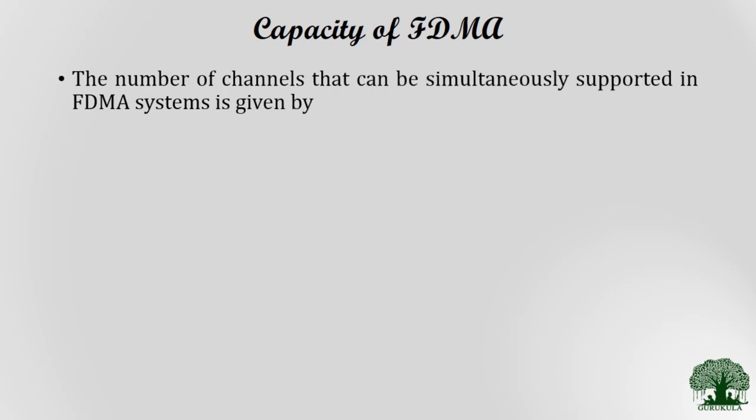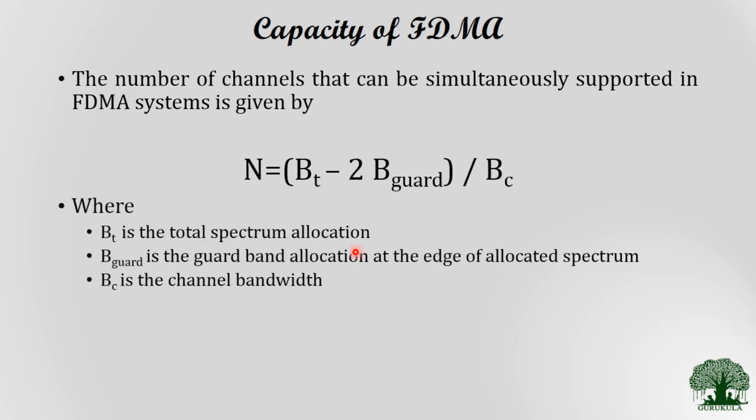Next, let us discuss the capacity of FDMA. The total number of channels that I can create using FDMA, that is, the number of channels that can be simultaneously supported in FDMA systems, is represented by an equation: N equals (Bt minus 2 times Bguard) divided by Bc, where Bt is the total spectrum allocation for the system and Bguard is the guard band allocation at the edge of the allocated spectrum.